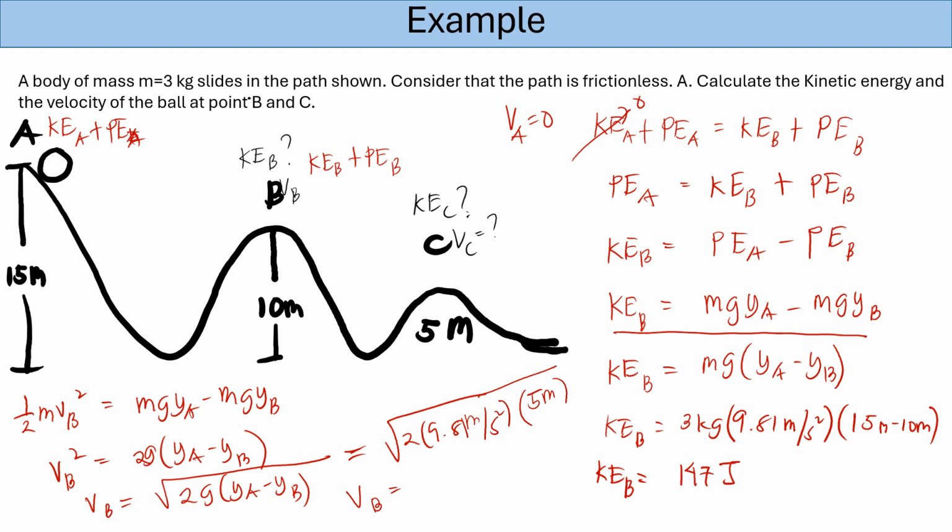So 9.81 times 5, so this is 9.90 or 9.9 meters per second.